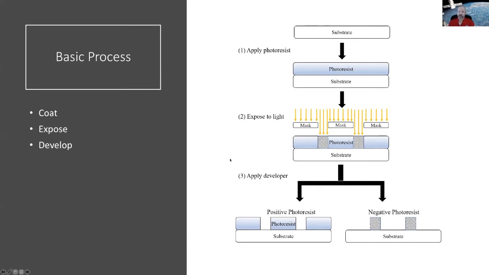Okay, so now you have a region where the photoresist has been exposed to light and where it hasn't. In the case of positive photoresist, which is what most people use, and that's shown on the left side at the bottom of the graphic, whatever is exposed ends up being developed away. You expose the photoresist with light.